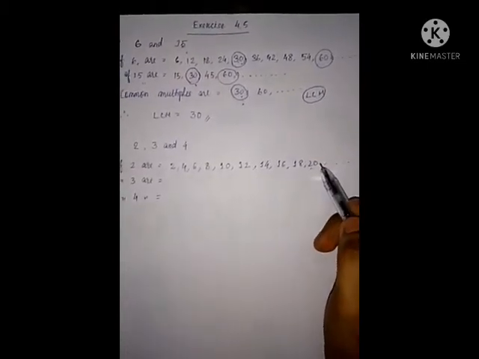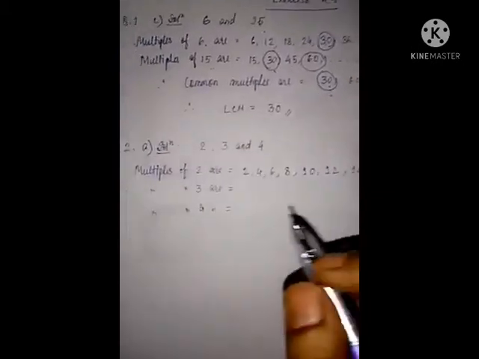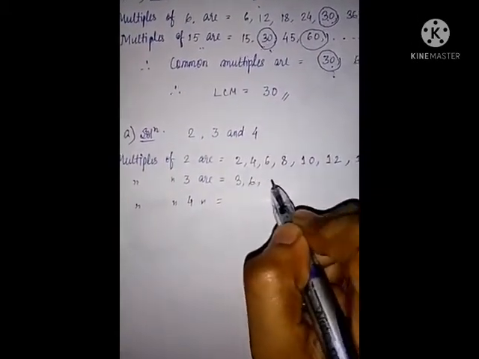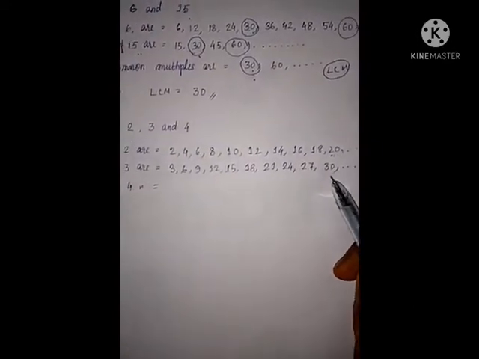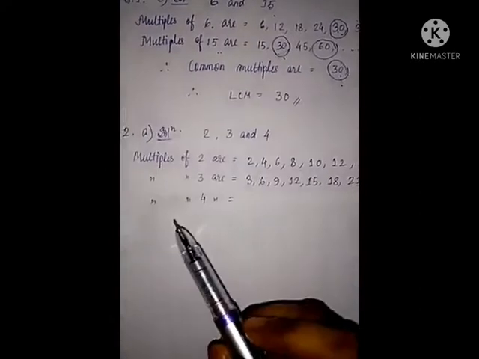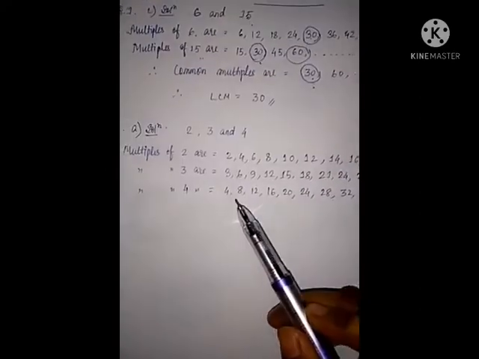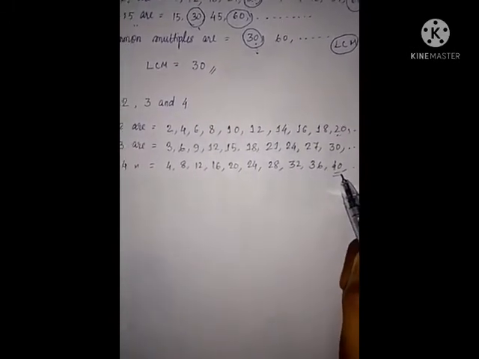So we can also write further, but not necessary. Now see, multiples of 3 are 3 ones are 3, 6, 9. I have written up to 10th multiple of 3 also. Now see, multiples of 4 are, I have also written multiples of 4 up to 10th multiple 40.